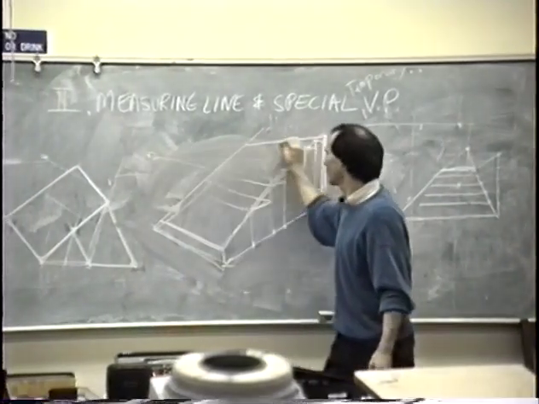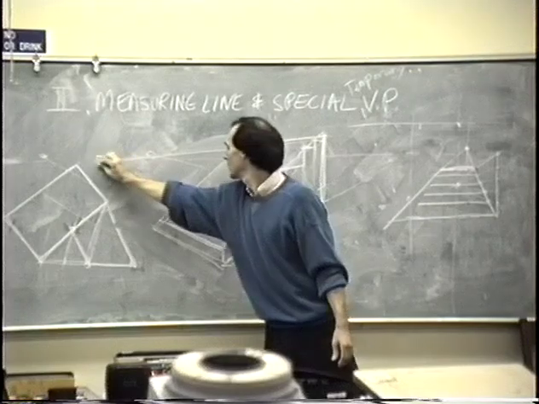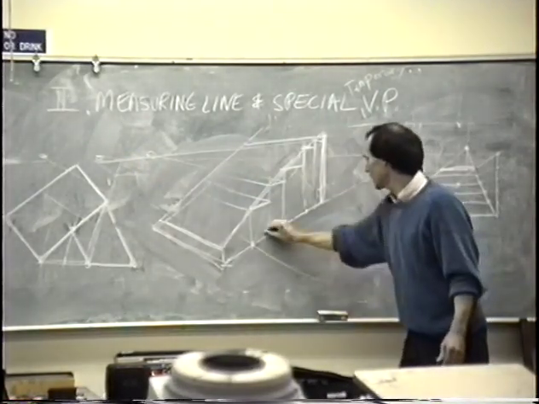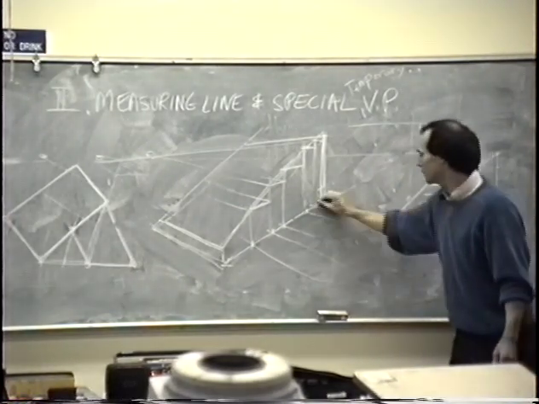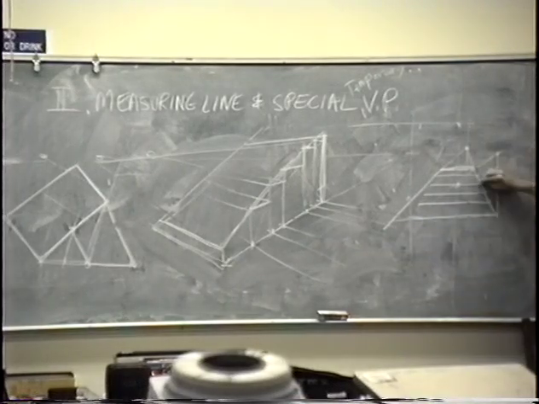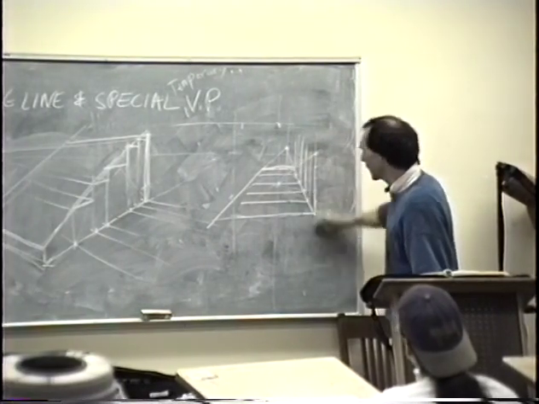Well, you can see how far my perspective is off. And you can just project these lines out and get the same divisions on the floor. In other words, if you make the division on the wall, it will transfer to the floor. If you make the division on the floor here, it will transfer to the wall. You get the idea?